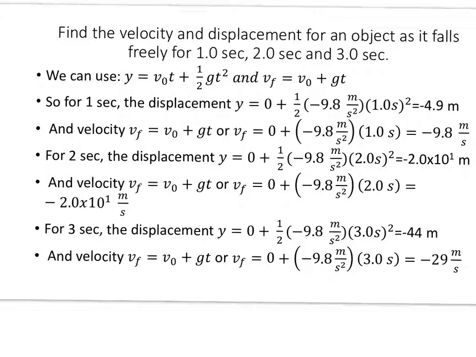So as the object falls, each successive second, it falls a greater and greater displacement. And the reason for that is because, again, the object is accelerating. And if it's accelerating, that means its velocity is getting faster. And if the velocity is getting faster, then it's going to cover a bigger and bigger distance each successive time interval. Notice that the velocity, however, increases by 9.8 during each second. So the first one was 9.8, and then this one is roughly 20, and then this one is roughly 29.